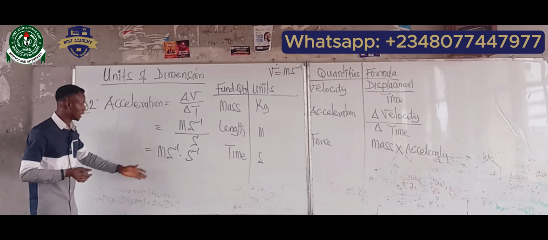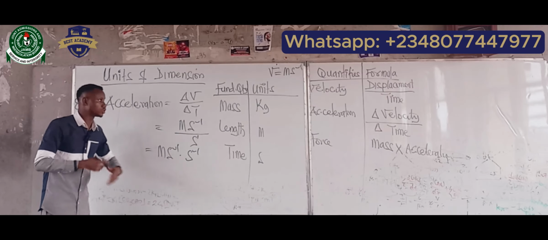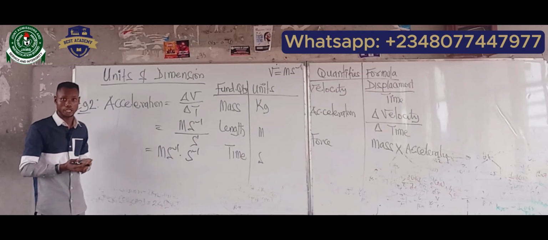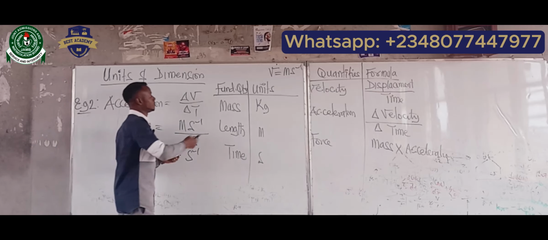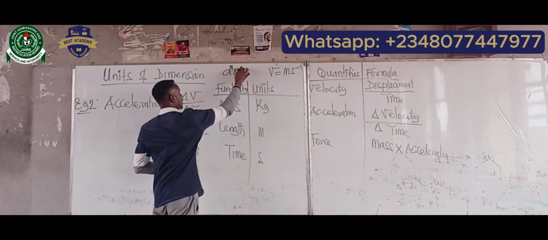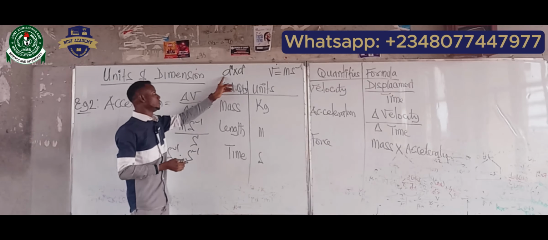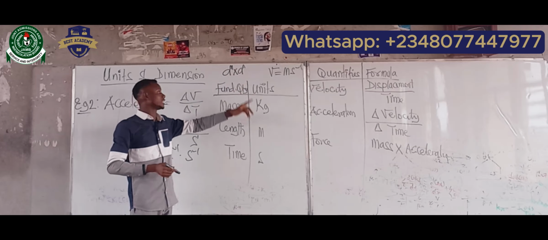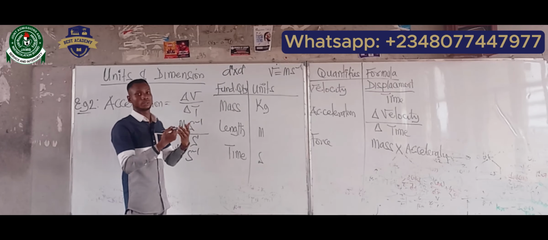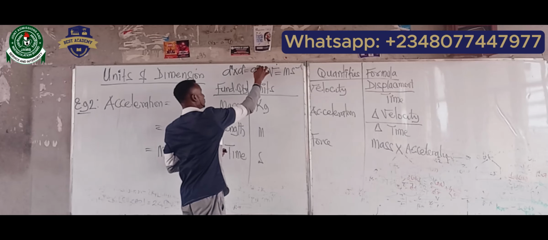If you look very well here, we are having 1 meter, so this one is settled. We are having second, that means not settled. We can now simplify further. If I have something like this in mathematics, a raised to m times a raised to n, we call it the law of indices. I have the same base here, but different powers, and this is multiplication. What will I do? I add up their powers. This is going to be equal to a raised to what? m plus n.